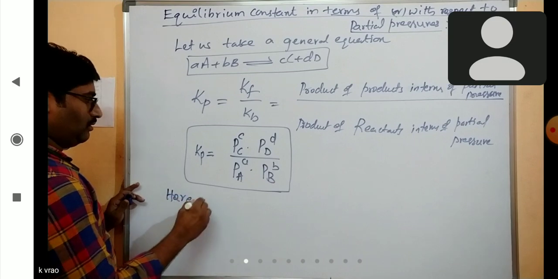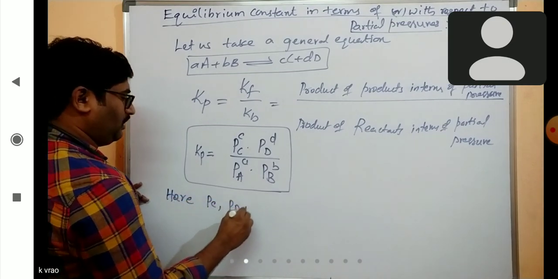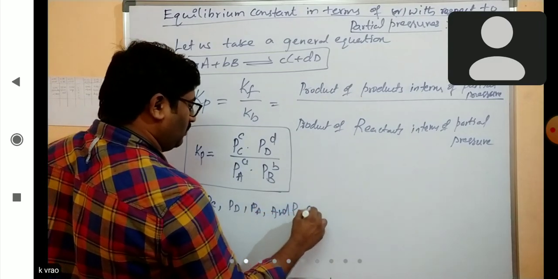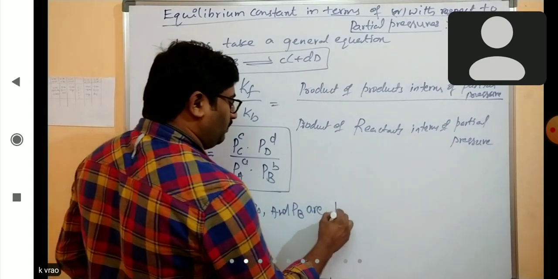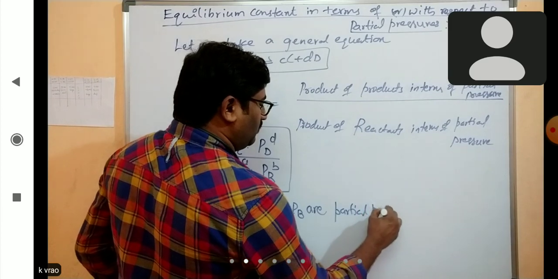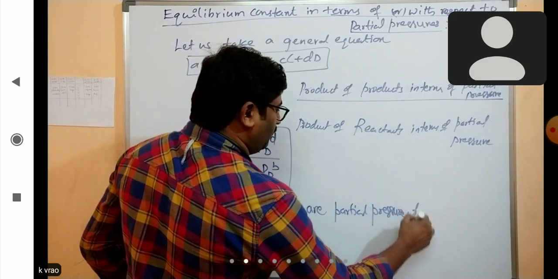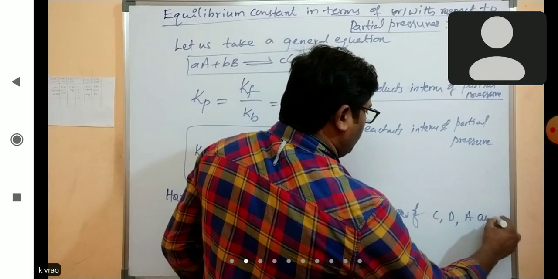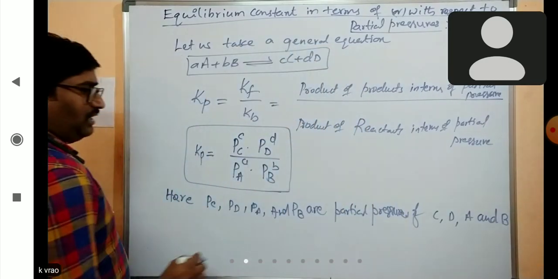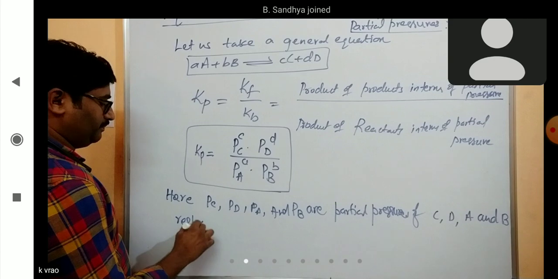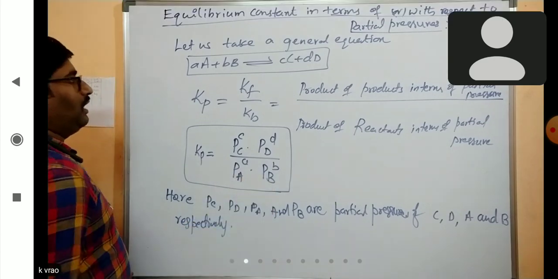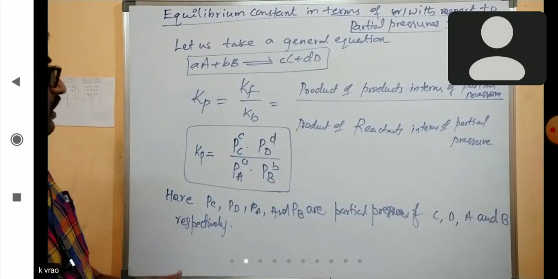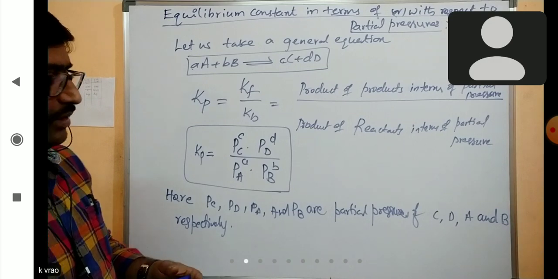Here PC, PD, PA and PB are the partial pressures of C, D, A and B respectively, and small a, b, c, d are the number of moles of A, B, C, D respectively.